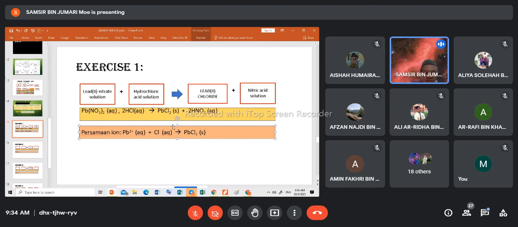This is the ionic equation. This is the balanced chemical equation. Understand?